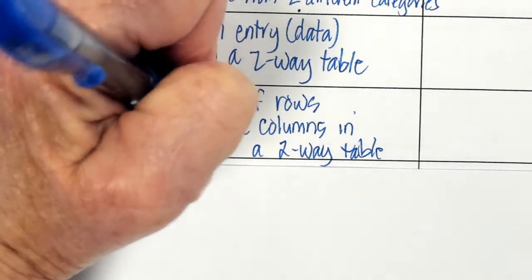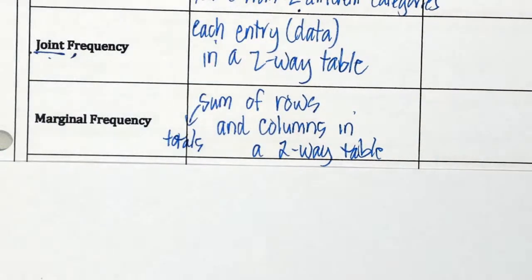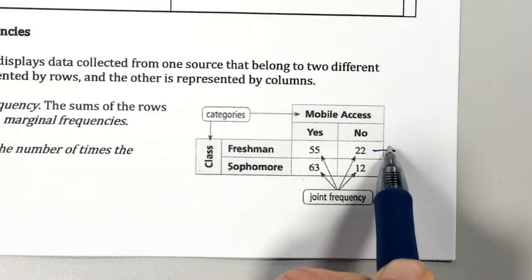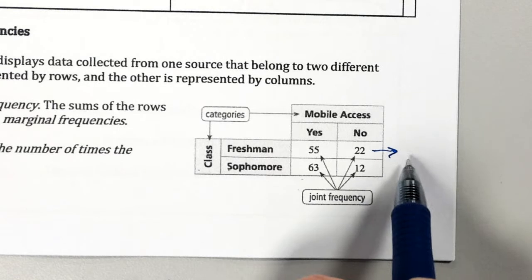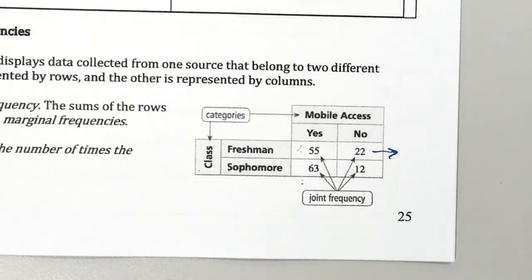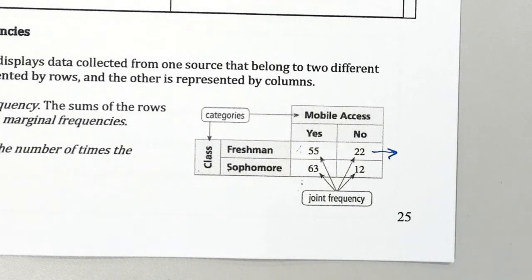Take a look at my table again. That would mean if I were to add 55 and 22 across, as well as add down 55 and 63, those would give me my totals for my rows and columns. So that's what my marginal frequencies are.